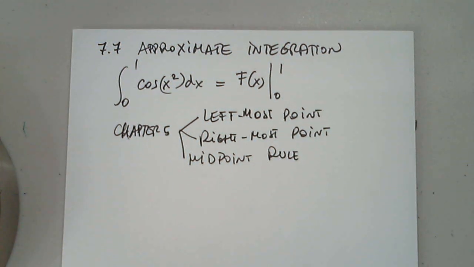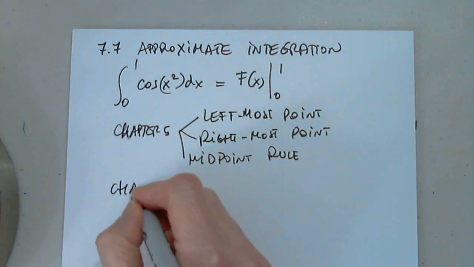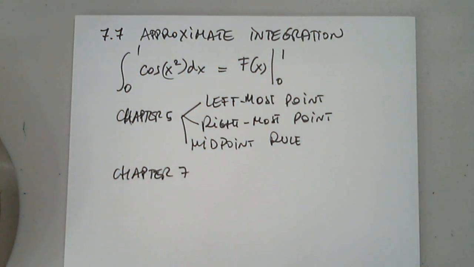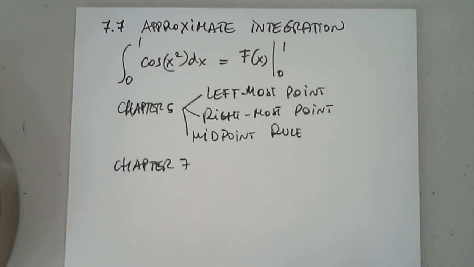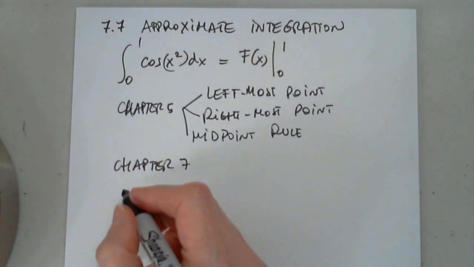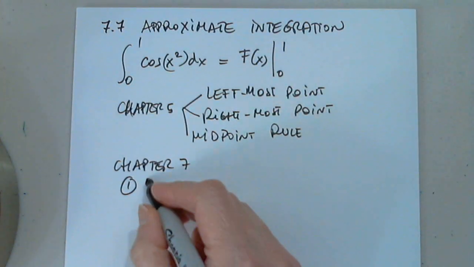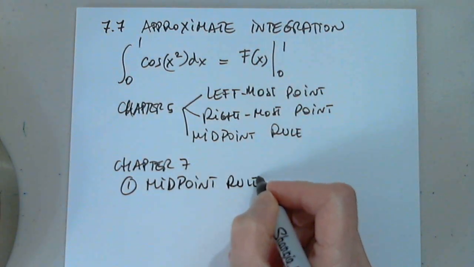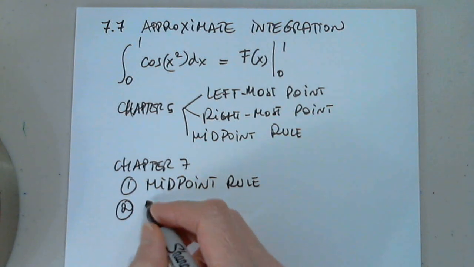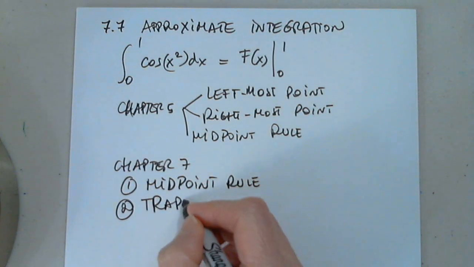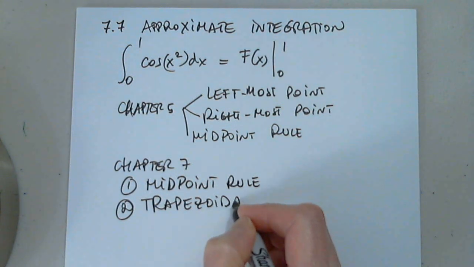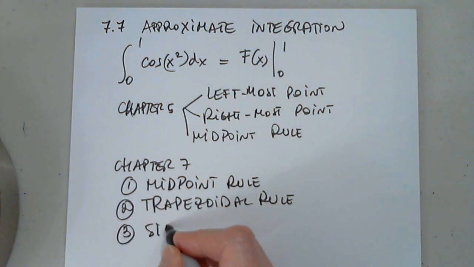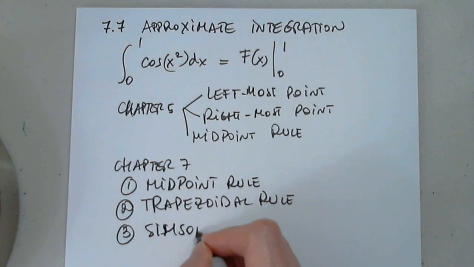Okay, in chapter 7 right now, we're going to look again at the midpoint rule and two other rules. So number 1 will be, again, midpoint rule. Number 2, the trapezoidal rule. And number 3, Simpson's rule.